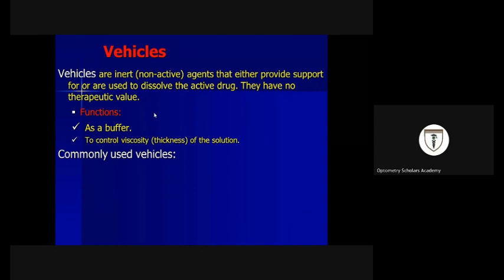So examples of vehicles are buffers that are used to improve the pH of this drug. So these buffers are used to dissolve this drug in order to improve the pH. So they don't treat the eye. They have no therapeutic value. They have no antibiotic value, no steroidal value, no antihistaminic value. They are just inert drugs.